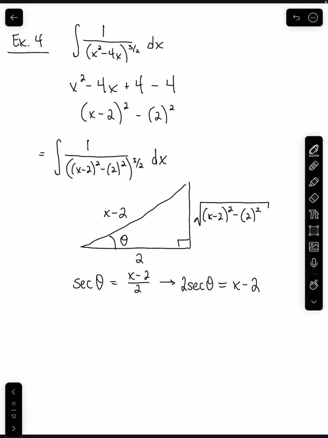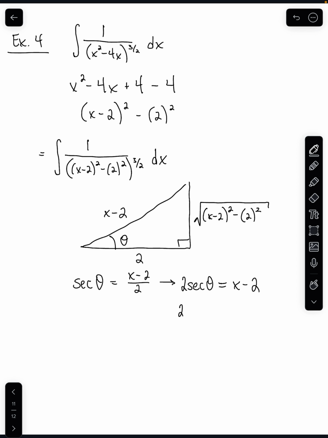Part of the reason we like to solve this first equation for x is so that when we differentiate it, we have just dx on the right side. In this case, since the minus 2 is a subtraction of a constant, in differentiating, it will disappear and we will still be left simply with dx. So in this case, it is advantageous to actually leave the subtraction of 2 on the right side.